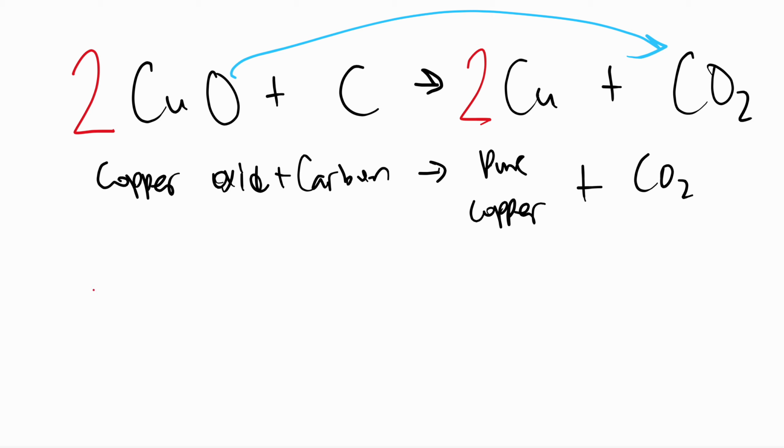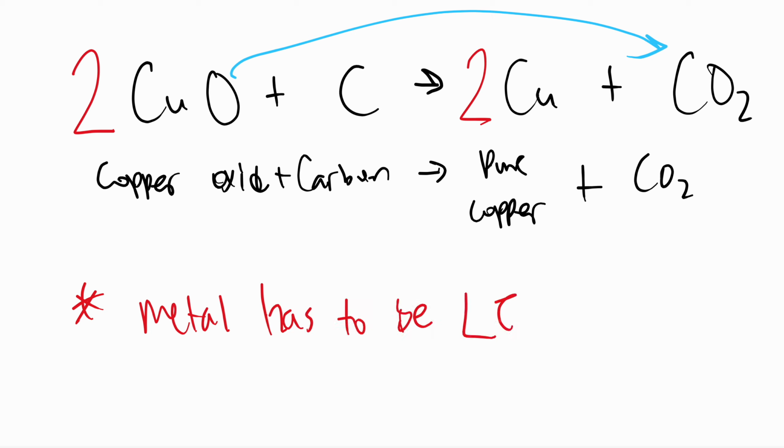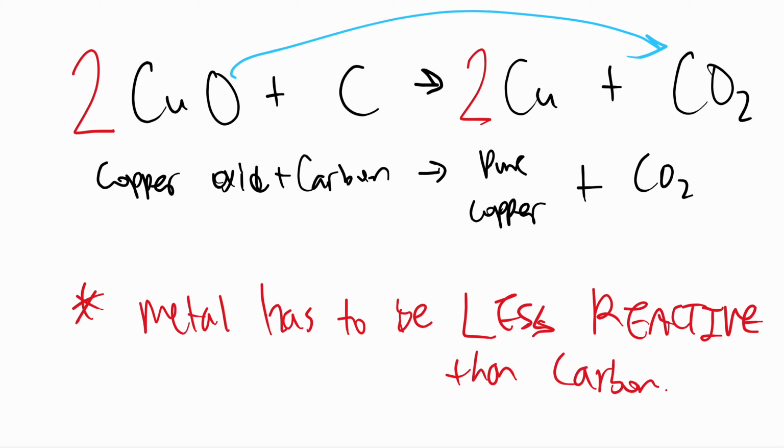However, like always, there's a catch to this reduction with carbon method. The metal has to be less reactive than carbon. This is the catch. The metal always has to be less reactive than the carbon.